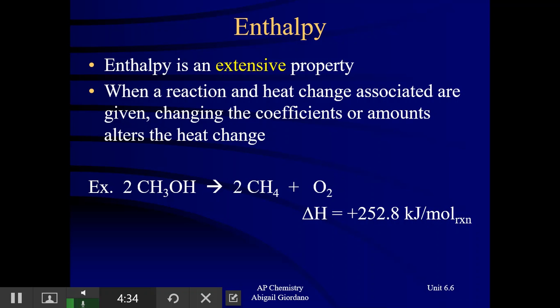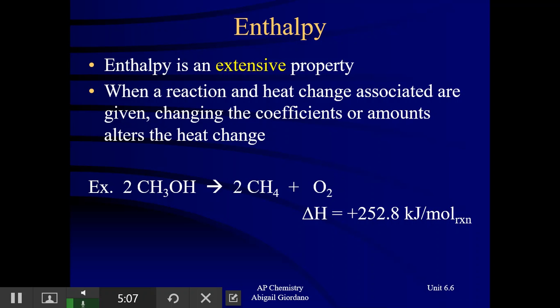I'll also have that value when 2 moles of methane are created and 1 mole of oxygen is produced. Now, where am I getting these mole numbers? I'm getting them from the coefficients. So when you see the units per mole of reaction, it means that delta H value that you're seeing there is associated with the coefficients that are written into that reaction.